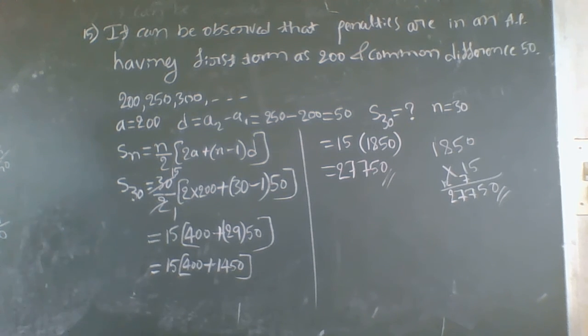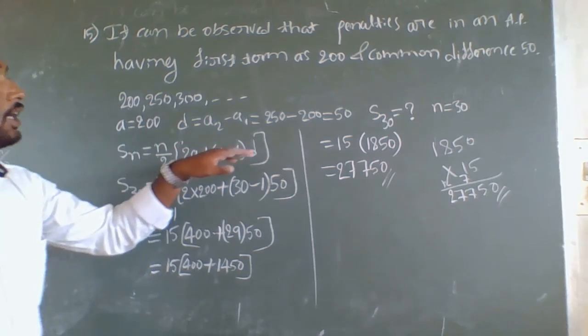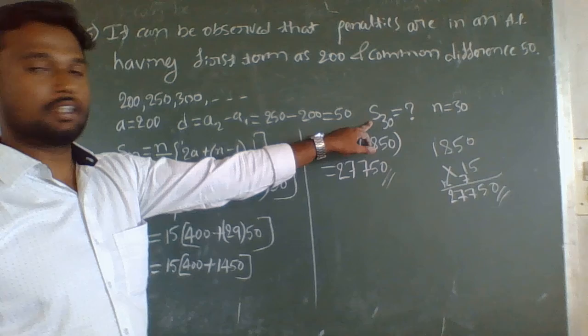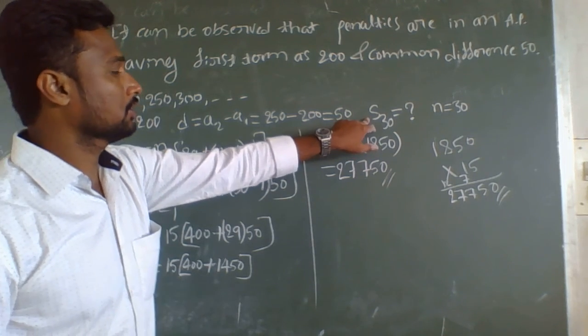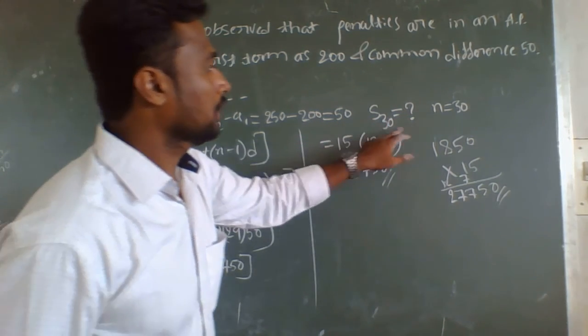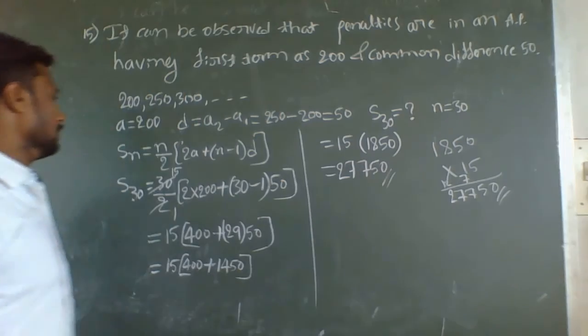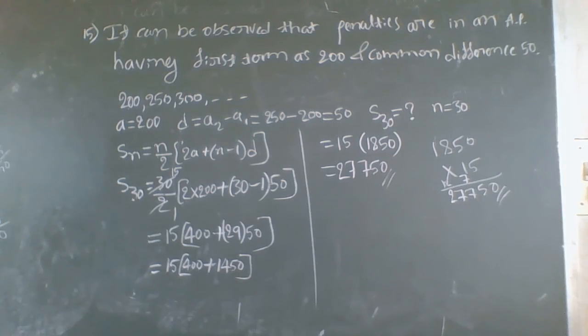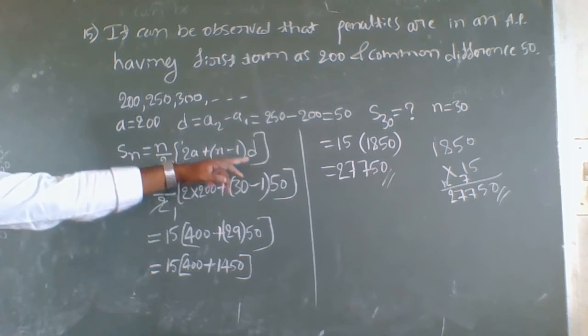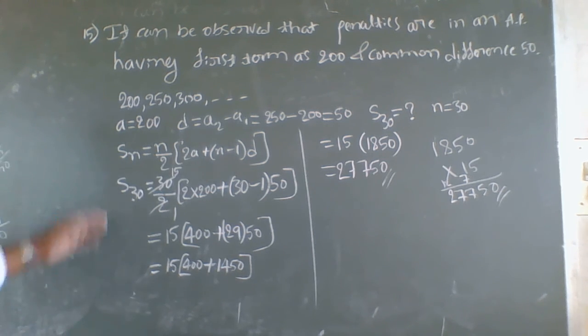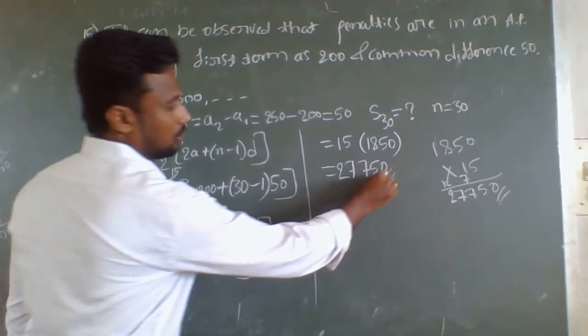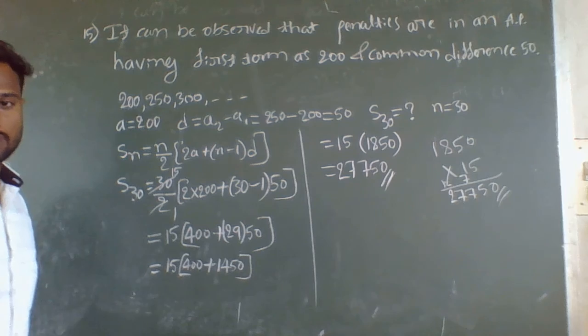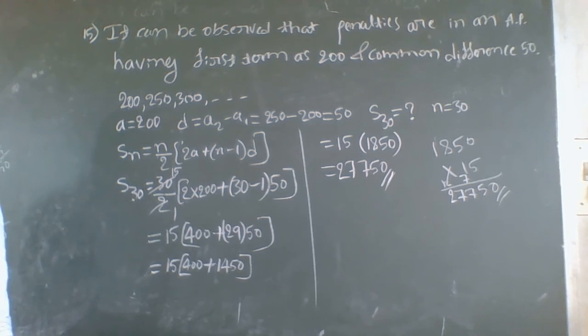By writing this arithmetic progression, we can write the a value and the d value, and we have to calculate the 30 days' penalties, meaning the S30 value, where n is 30. So we can use the formula Sn is equal to n by 2 into bracket 2a plus n minus 1 into d. Finally we got the value as 27,750.